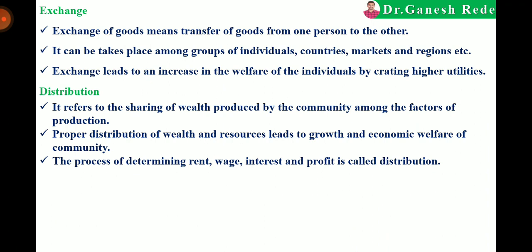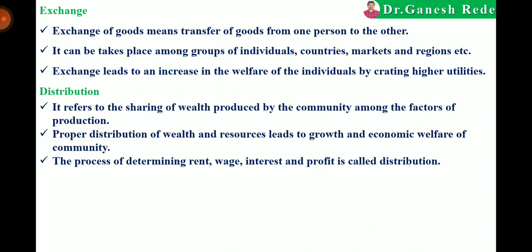Okay, then next is distribution. Distribution refers to the sharing of wealth produced by the community among the factors of production. As we know, there are four factors of production: land, labor, capital and organization.